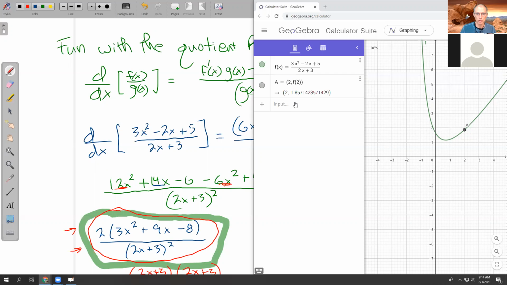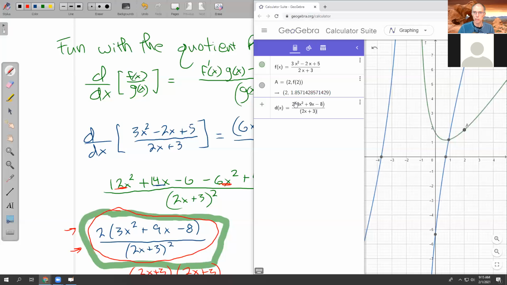And then we have our derivative function, so I'm going to call that d of x, our slope function. And we believe that one is the fraction 2 times 3x squared plus 9x minus 8 divided by the square of 2x plus 3.